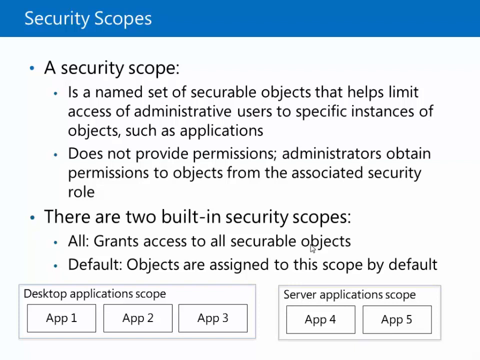So here what we have to do is create our own scope for a particular team, like application admins or operating system deployments. We'll be creating our own scope and linking that security scope to the objects you want to display. Getting?